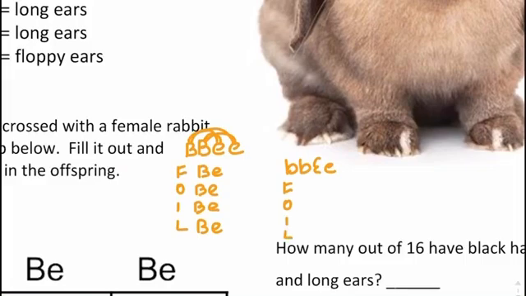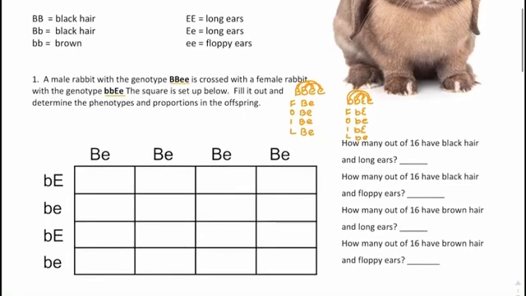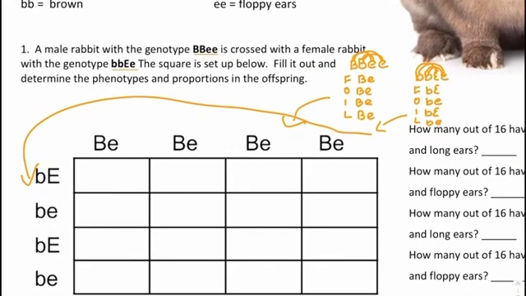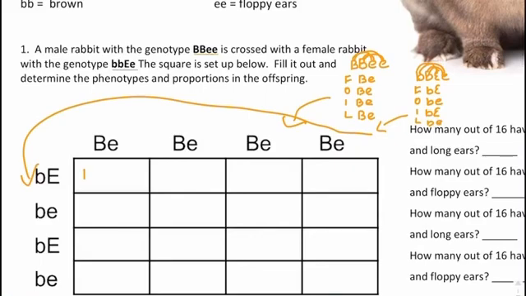So we're going to get lowercase b, capital E, lowercase b, lowercase e, lowercase b, capital E, and lowercase b, lowercase e. For this problem they already had it done, but I wanted to show how to FOIL. So they've already formatted them onto the Punnett square.